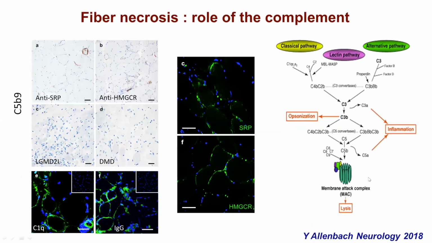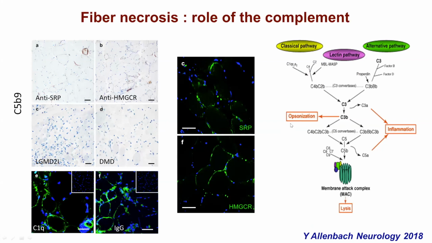Then you can see some deposit of C5b9, the membrane attack complex of the complement, decorating some muscle fibers, as you can observe here. That's not the case in limb girdle muscular dystrophy, where you can also observe a lot of necrotic fibers.